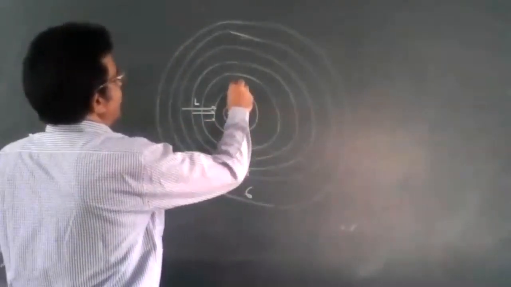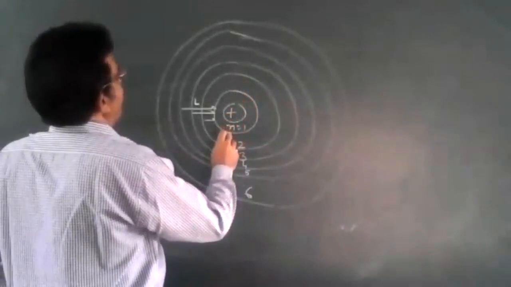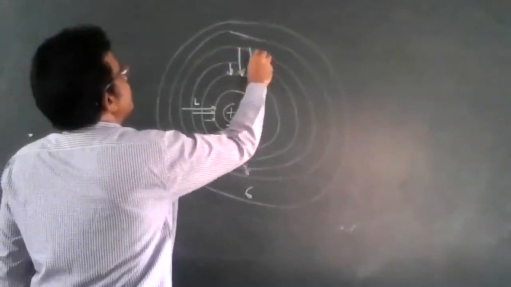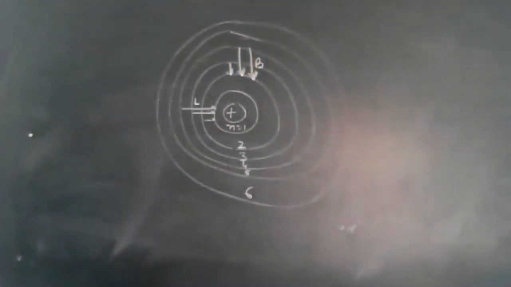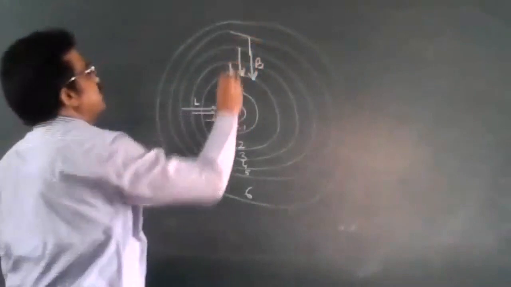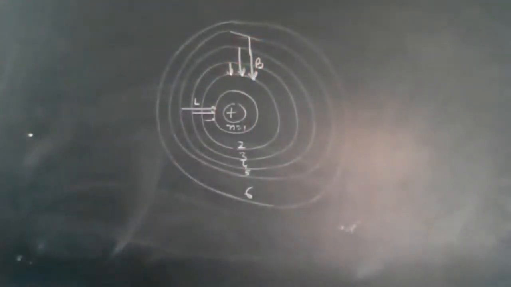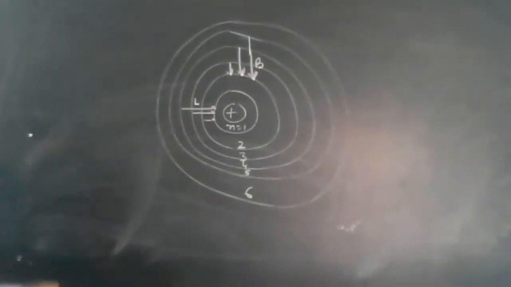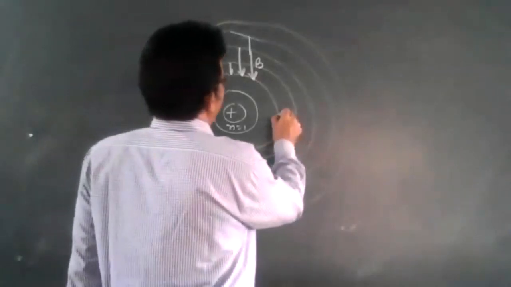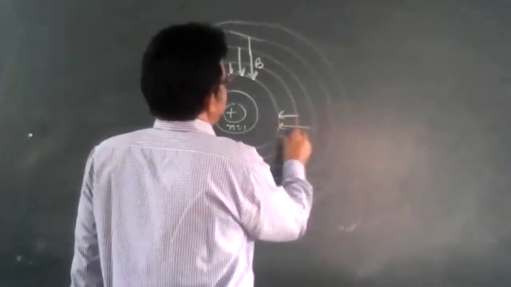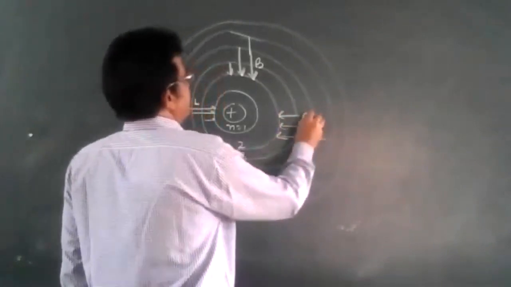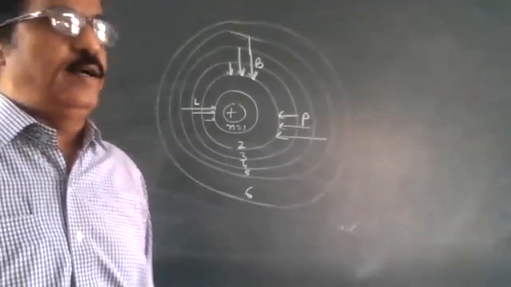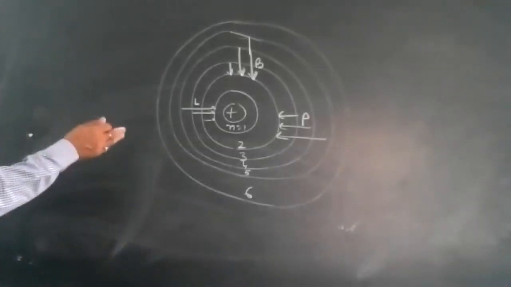This is the Balmer series. Then similarly you can draw the Paschen series in the third orbit, from fourth to third. This is the Paschen series. So this is the diagram here. We can easily draw the spectral series of the hydrogen atom.